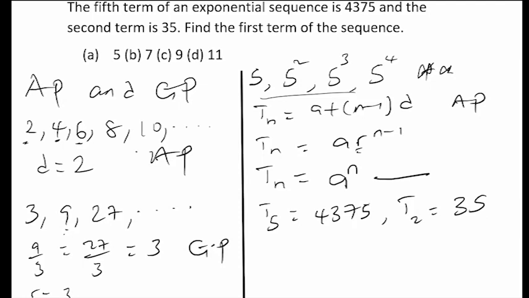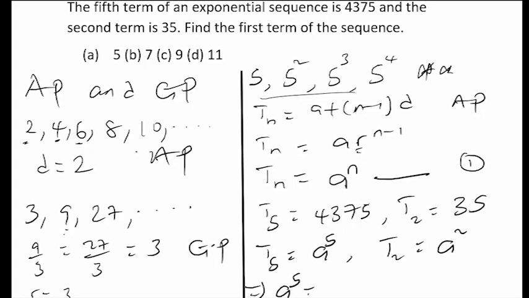These two were given. Let's call this equation 1. From equation 1, T5 equals a raised to the power 5, and T2 equals a raised to the power 2. So a raised to the power 5 equals 4375, and a raised to the power 2 equals 35.